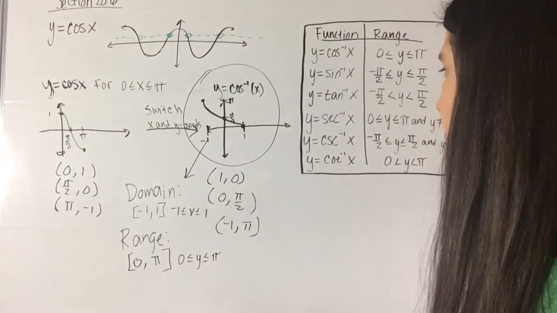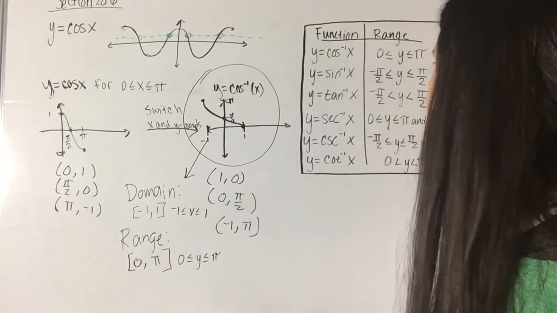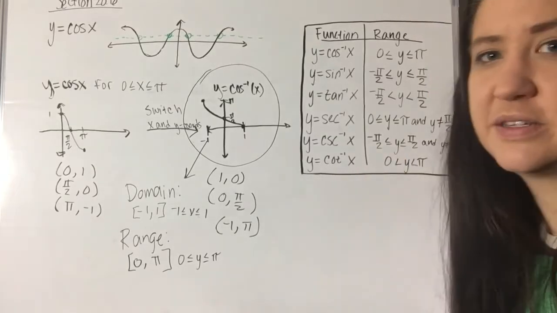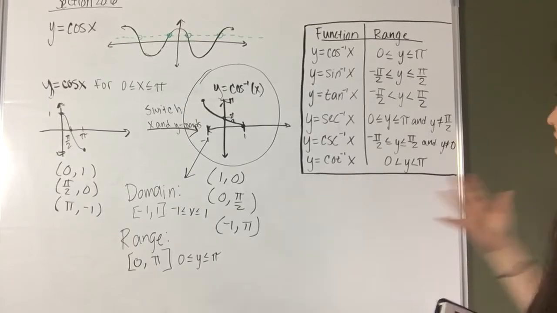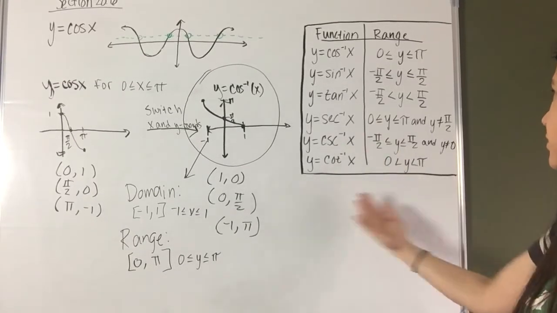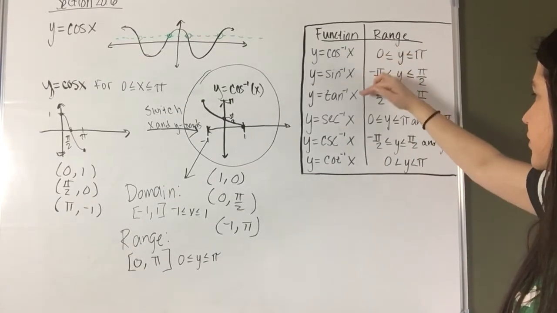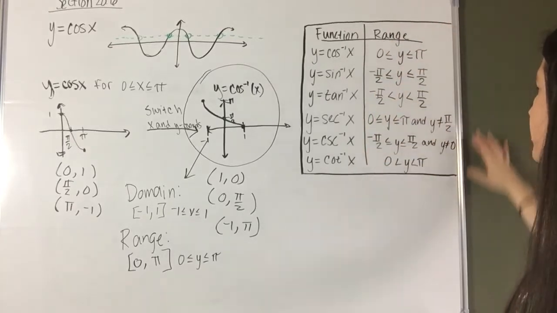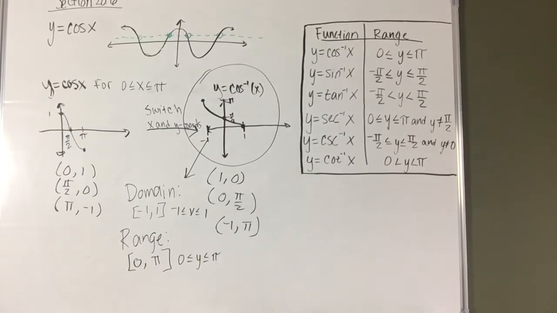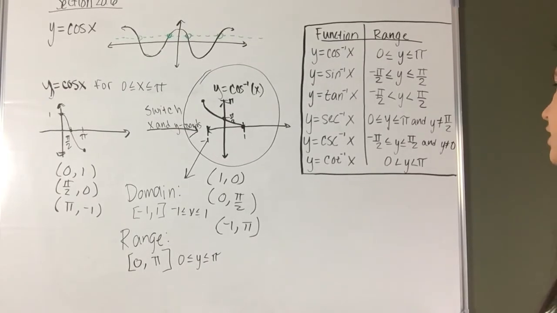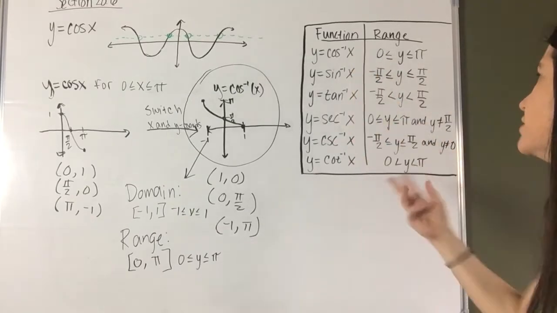Okay, so over here, this box, you probably want to take a minute to pause the video and write these down in your notes. This has all of the inverse trig functions and their ranges. It's going to be important to know the range for the next thing that we do in this section, because we're going to be evaluating these functions for certain values of x.